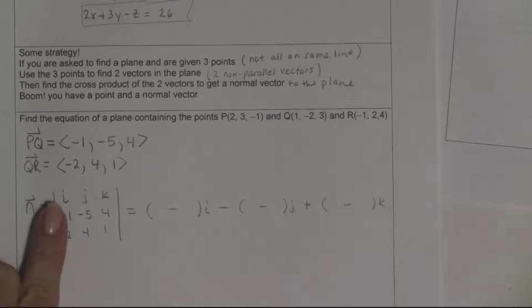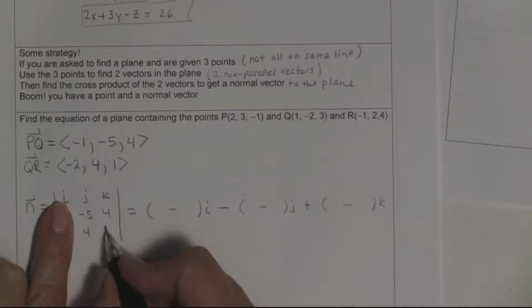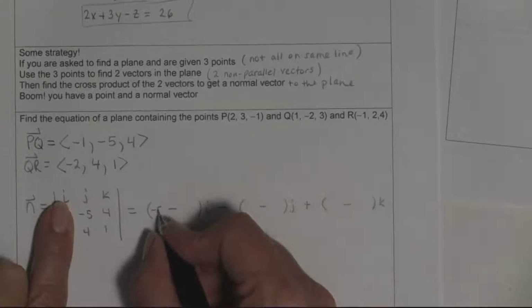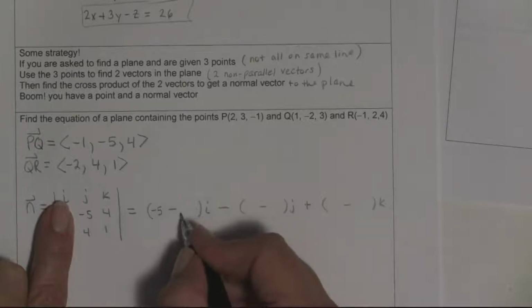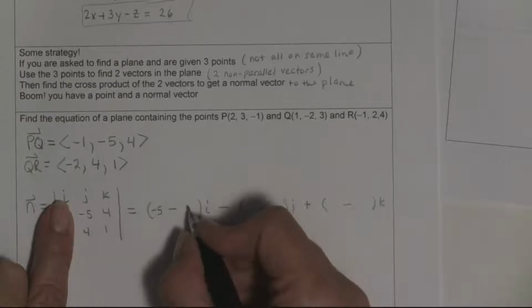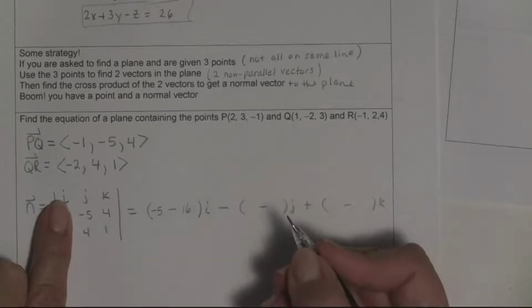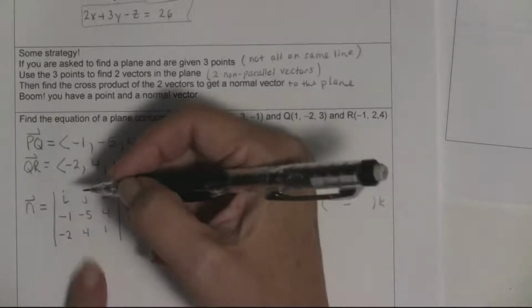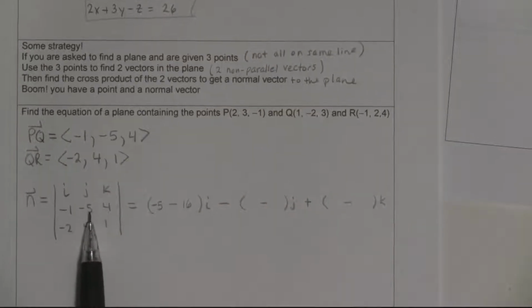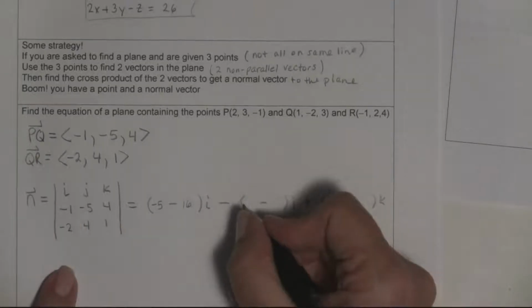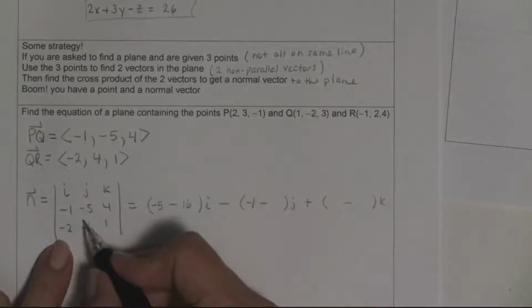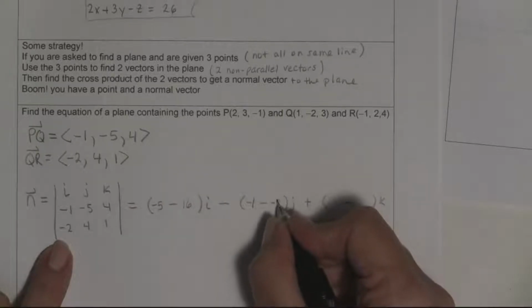Then I put my finger over I, and I multiply those together, and I get -5. And then you're supposed to subtract this, but I've already put the minus there, and so I get 16. And then I put my finger over J, and I do the same thing. My finger's too wide, so I have to adjust for my finger. And so I'm going to get -1, and then I'm going to get -8.